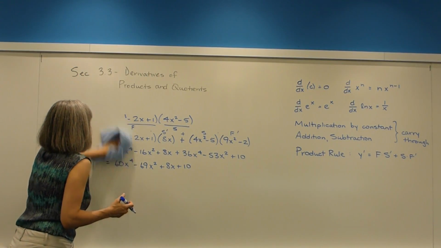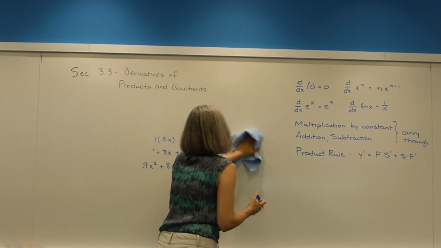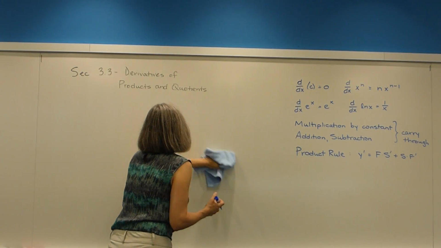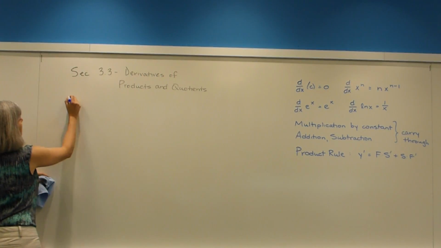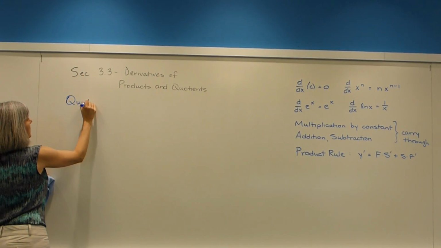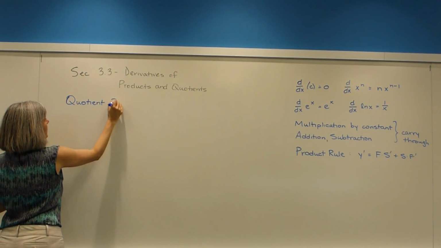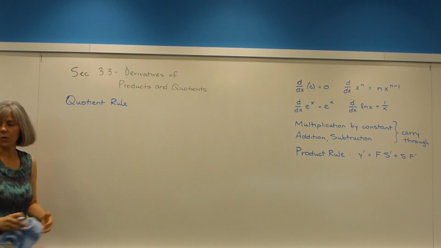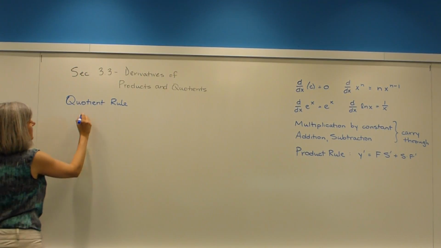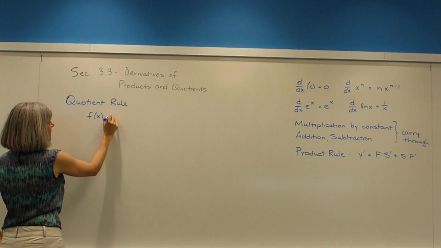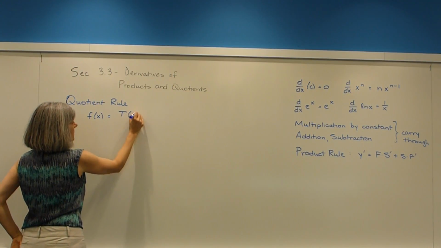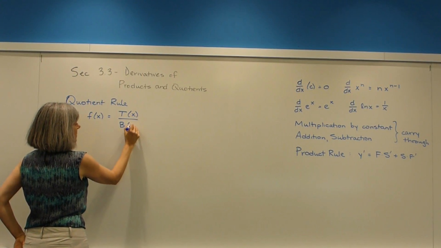All right, so now let's look at the quotient rule. The quotient rule is for a function in the following form. It has a top function divided by a bottom function.